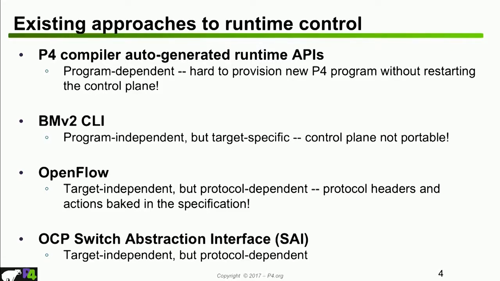If you take the example of the previous exercise, what we call the MyTunnel protocol, if you would like to control a device with that MyTunnel P4 program using OpenFlow, then you will need to extend OpenFlow. The same thing for the Open Compute Project's switch abstraction interface. It's target independent, but protocol dependent.